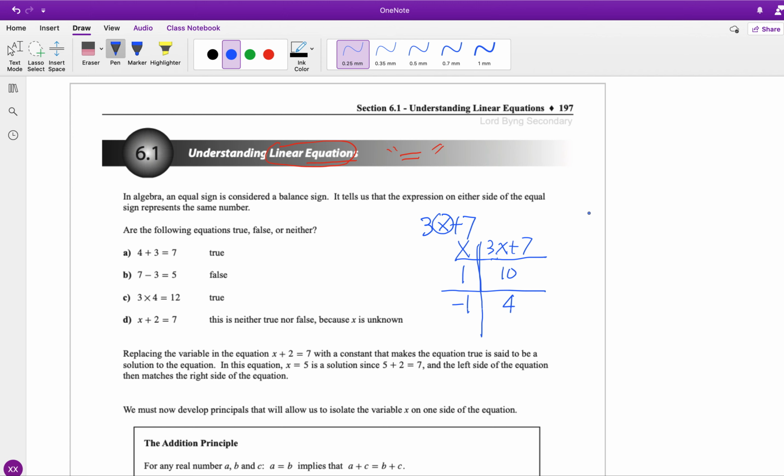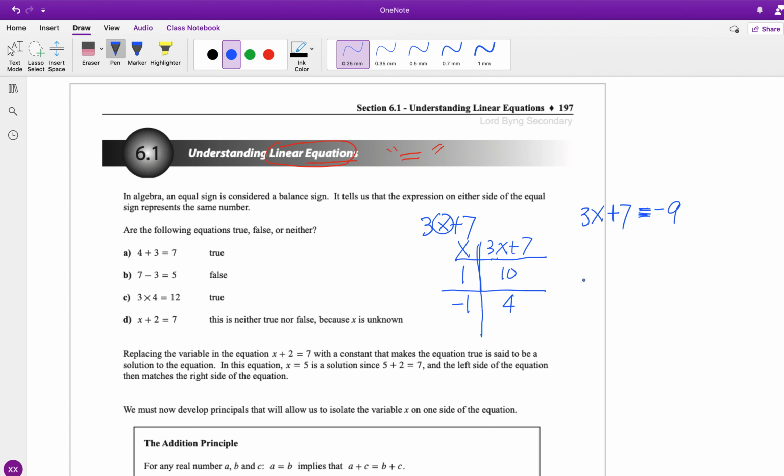However, if now I say 3x plus 7 equals negative 9, then x can be only one value, because the value of x is controlled by this equal sign, and also by what it equals. So there's only one value for x.